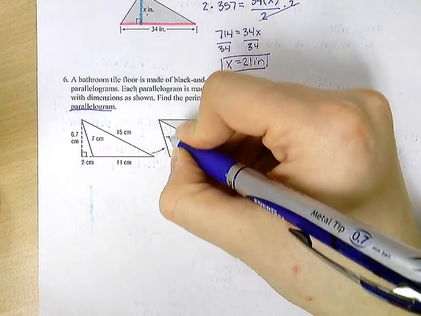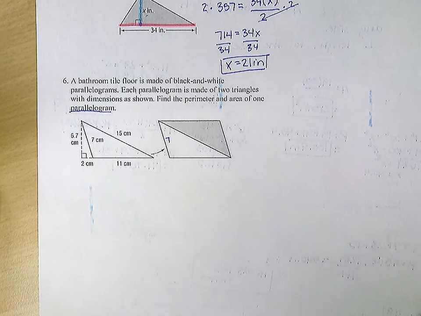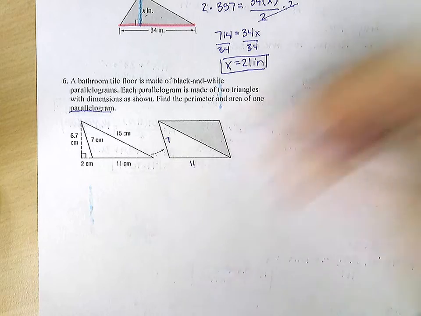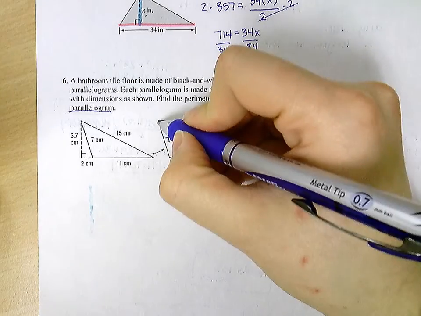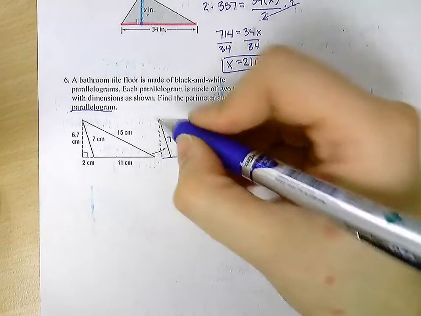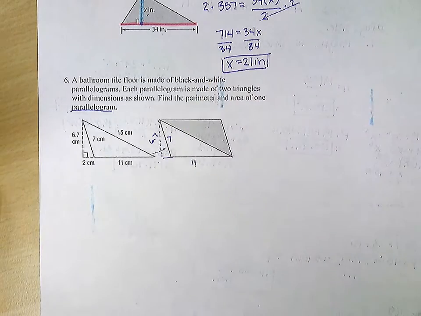That means this length is 7, correct? This length is 11. This height, that height there is 6.7. That's all I need.